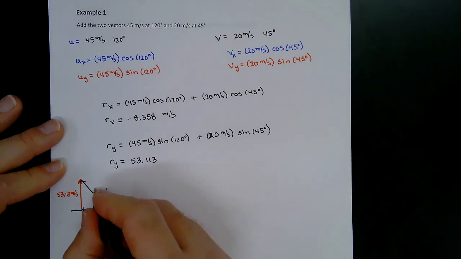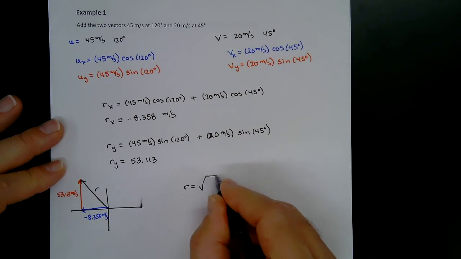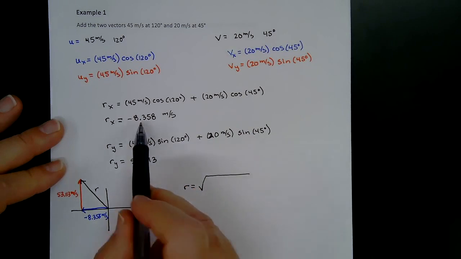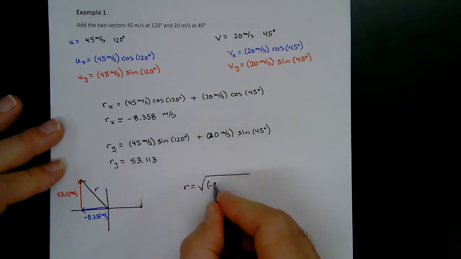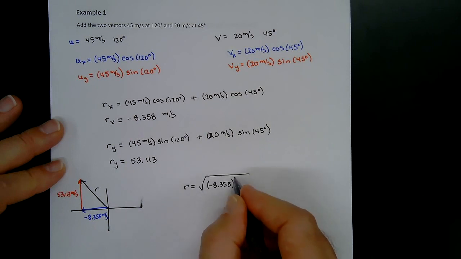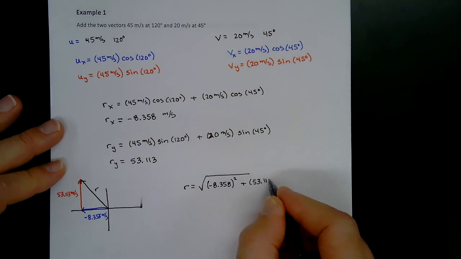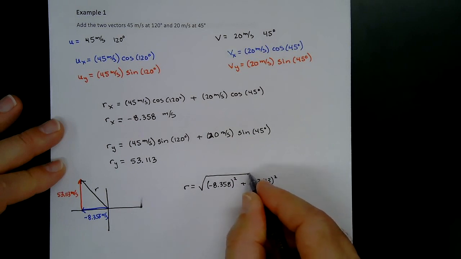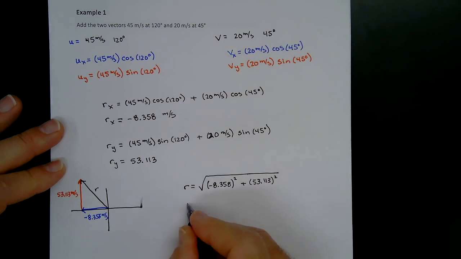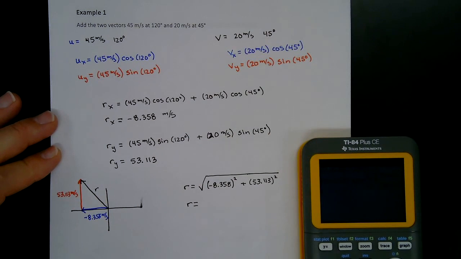Okay, and I can get R by taking the square root of, and I'm going to use the decimals here, negative 8.358 squared plus 53.113 squared. So I'm going to put that into my calculator.